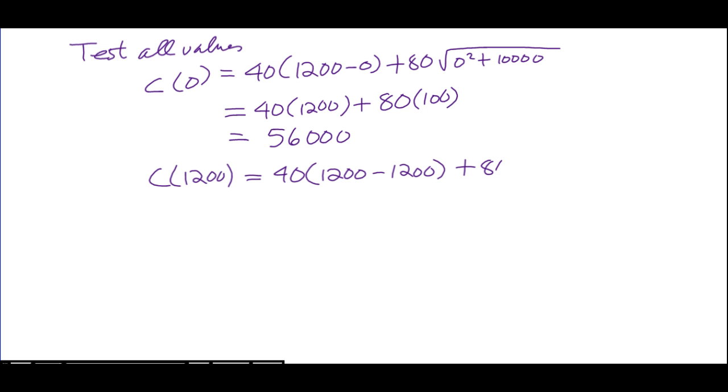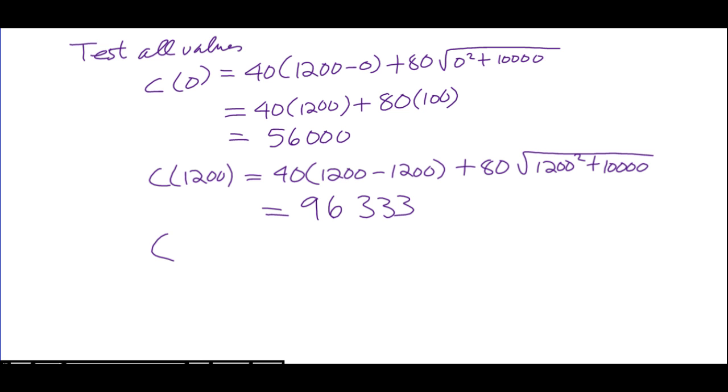The cost of the other endpoint, so if we have 1,200, which means that we're just going straight across the river, right? So if all we do is go straight distance from P to Q, straight across the river, then that works out to, and I'm just going to give you the number, 96,333. I mean, obviously that has to be more expensive, right? It's most expensive to lay the cable underwater.